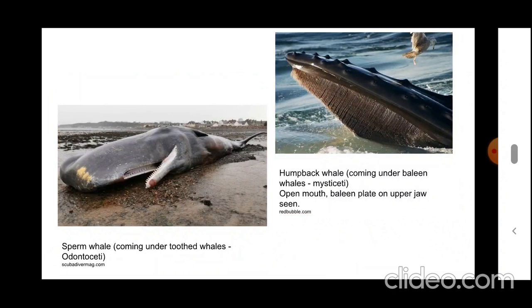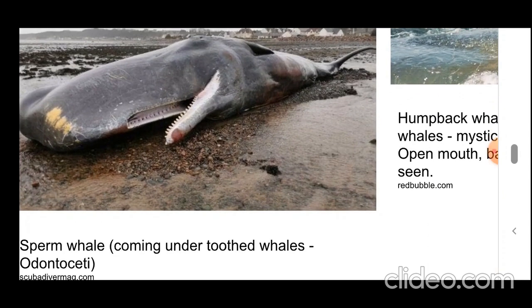When we talk about whales, there are two types of whales, toothed whales and baleen whales. Toothed whales have teeth inside their mouth, but baleen whales do not. The fetal teeth are replaced by baleen plates in the adult. You can see here a sperm whale, which comes under toothed whales, Odontoceti.